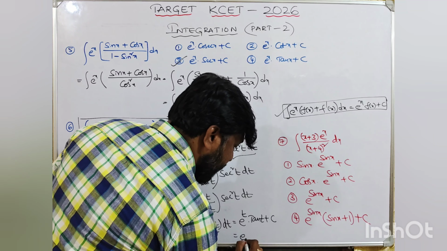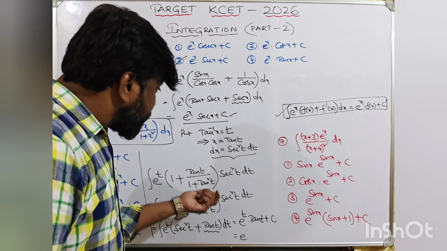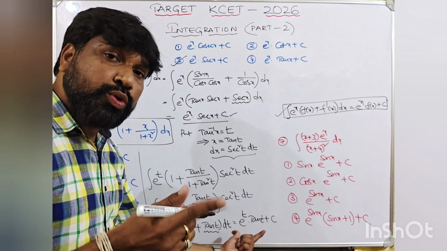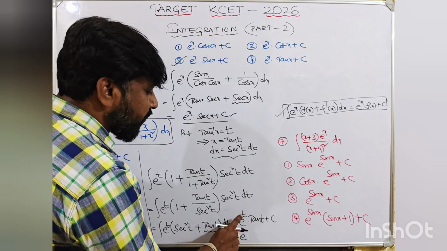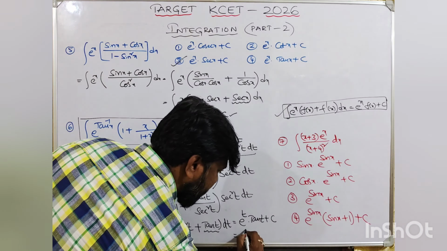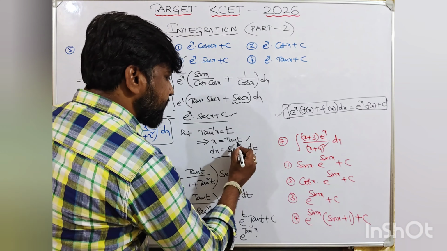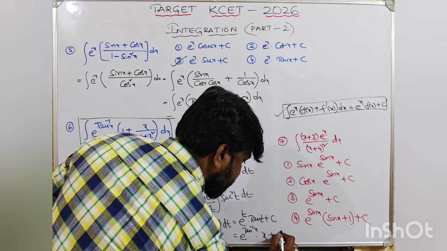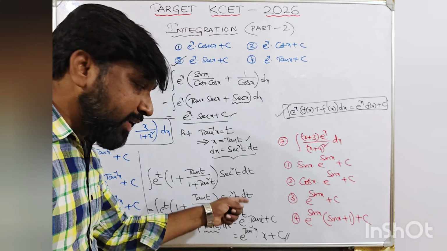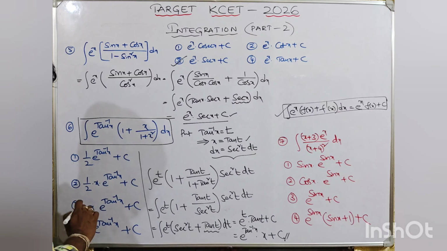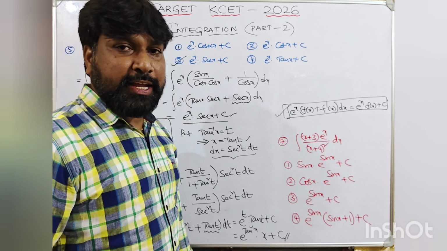The question is given in terms of x, so the answer also needs to be converted in terms of x. So t is tan inverse x and tan t is x. Your answer is x into e power tan inverse x plus c. Option 3 is the correct answer, friends.